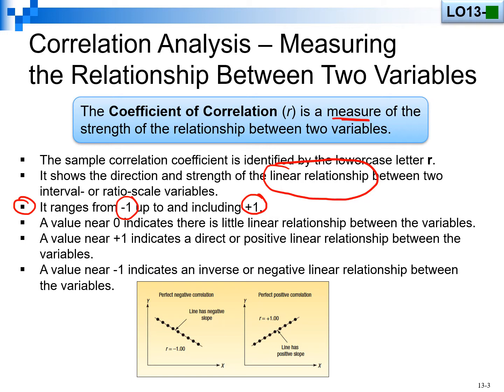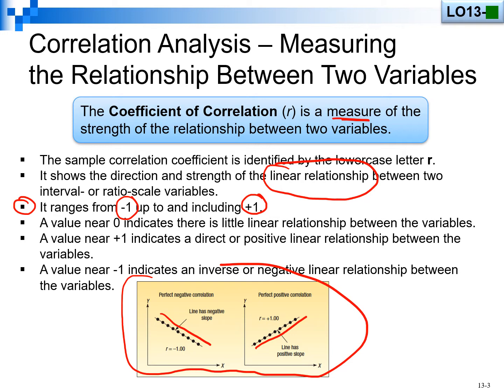Down below, they've given you more visuals. Notice you have one graph that looks like a downward, or negative, relationship, and another that looks like an upward, or positive, relationship. Once we have the scatter plot, the number we come up with measures quantitatively what the relationship is.